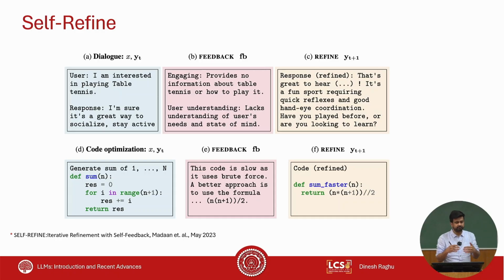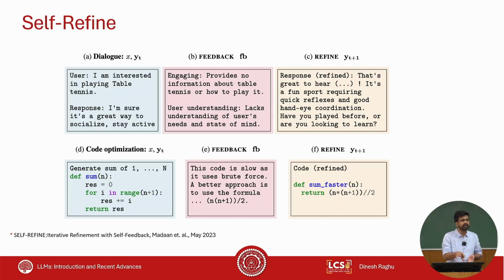Now you have a feedback model, or an evaluator, for which you create a separate prompt and say, look at the response and tell me along two dimensions, engaging and user understanding, what you feel about this response. So the evaluator gives feedback saying, in engaging, it provides no information about table tennis or how to play it. And in user understanding, it says it lacks understanding of the user's needs or state of mind.